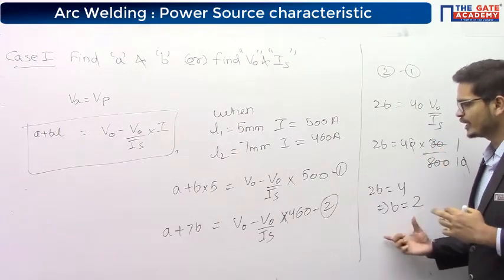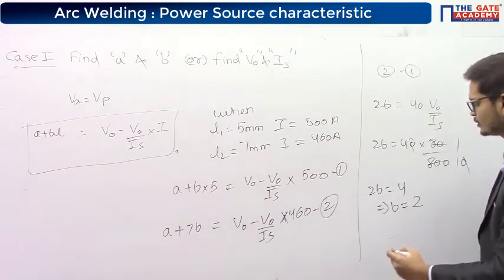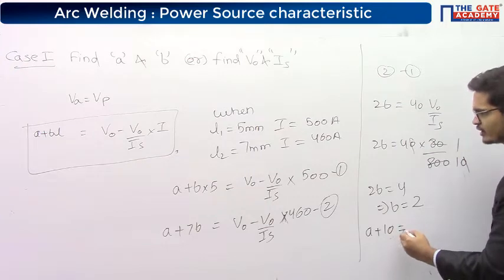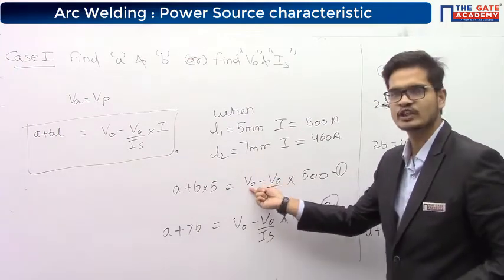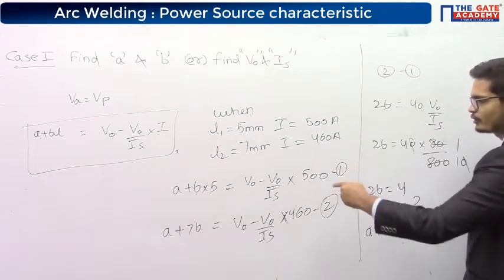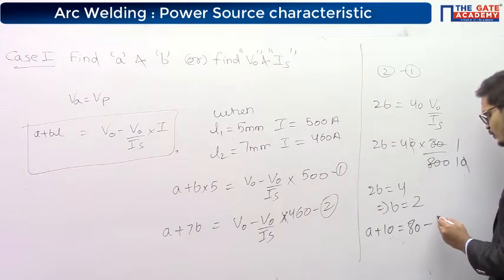Put this value in any one of the equations. So A plus 2B, A plus 10 is equal to V0. V0 is how much? 80 minus V0 by IS, 1 by 10 into 500. So 1 by 10 into 500 is 50.